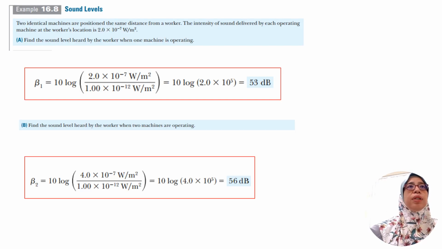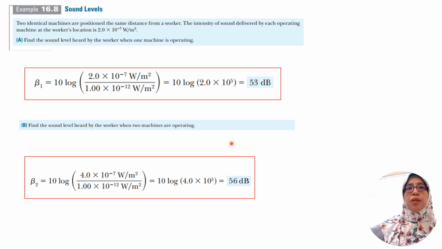Alright, let's have a look. Example 16.8, sound level. Perkataan level indicating it's now using log. So, two identical means same power. Machine yang sama are positioned at the same distance from a worker.